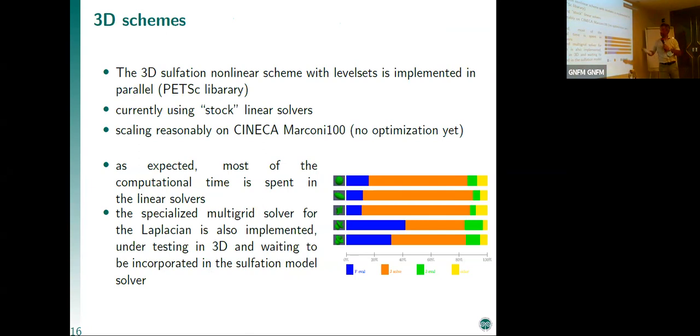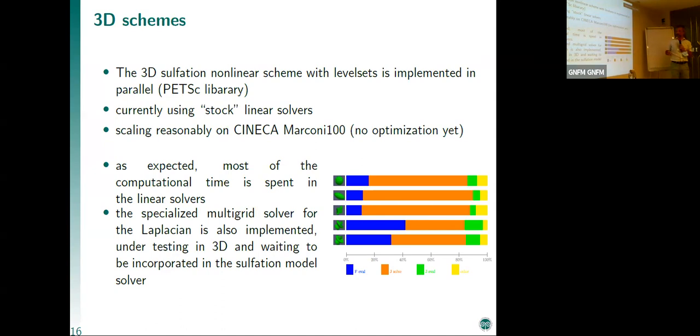So the code is based on the PETSc libraries, as we have had no time to perform any optimization, but still we are already scaling reasonably on high performance computing.